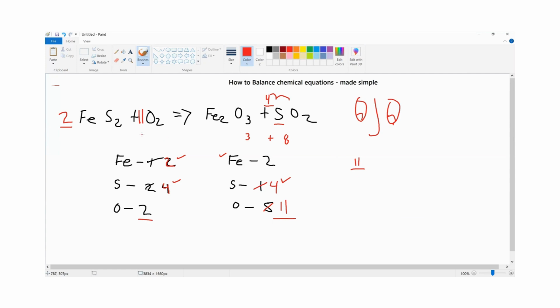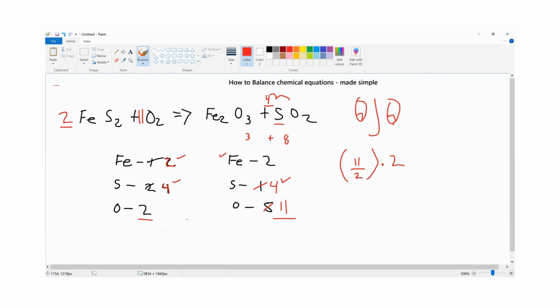What can I do to get 11 by itself? You multiply by a number to get 11 by itself. In this case, we can add a 2 at the bottom. And 2 as a whole.